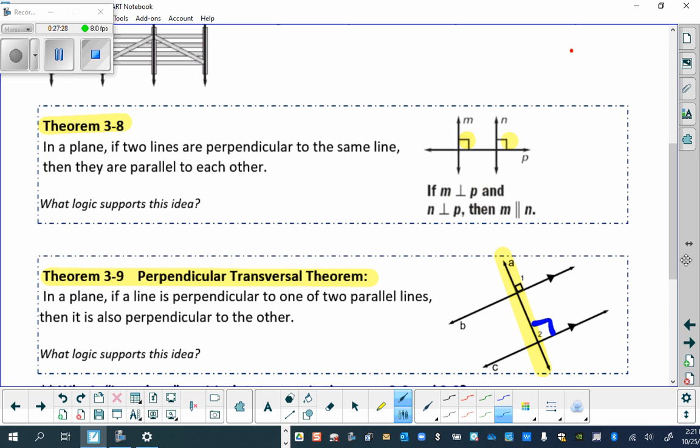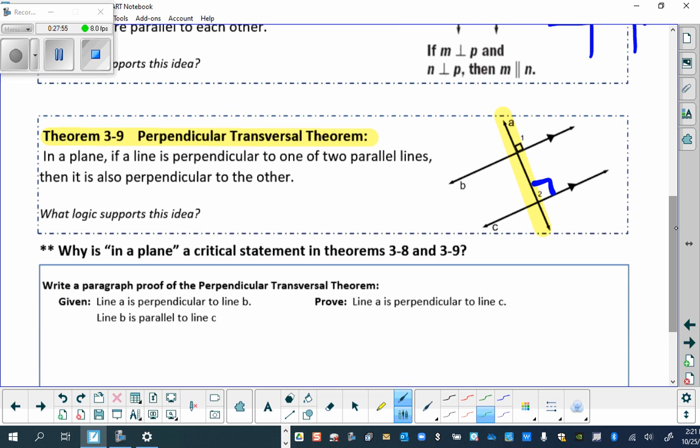Give me a third line that's parallel to one of them. Your little diagram fits exactly what we're talking about here. In a plane, if 2 lines are perpendicular to the same line, then these lines are going to be parallel.